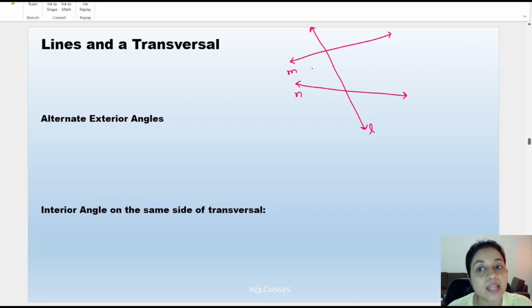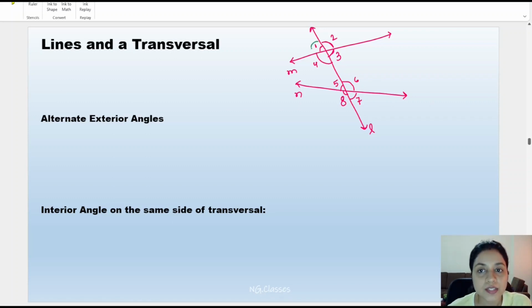And when L is intersecting both the lines, we are getting a few angles. Let's name them. Let's say this one is angle 1, this one is angle 2, here we have angle 3 and here we have angle 4. Now here we have angle 5, angle 6, angle 7 and angle 8.